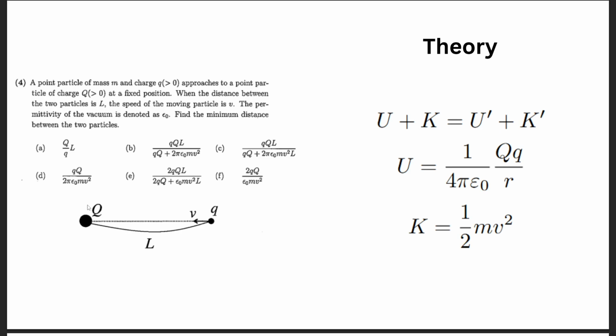For this case, the potential energy of a charge is 1 over 4 pi epsilon naught times the product of both charges over r, and the kinetic energy is equal to a half m v squared.